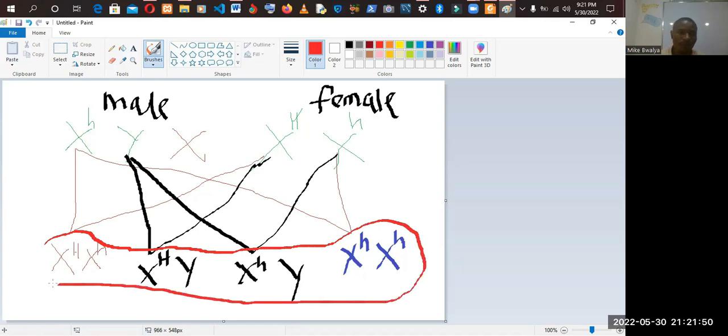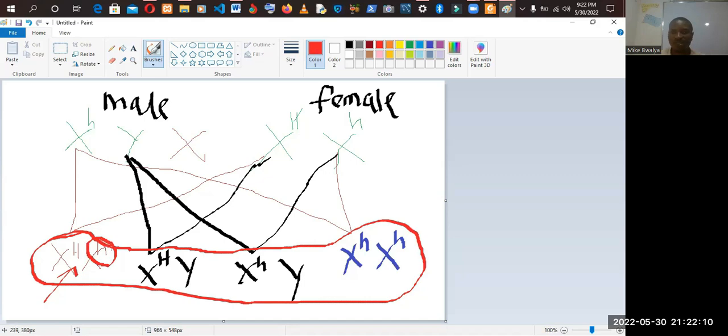So the chances, in terms of the diseases that the children will have, is that this one is normal but carrying the disease, because the disease is only determined by a small letter h.